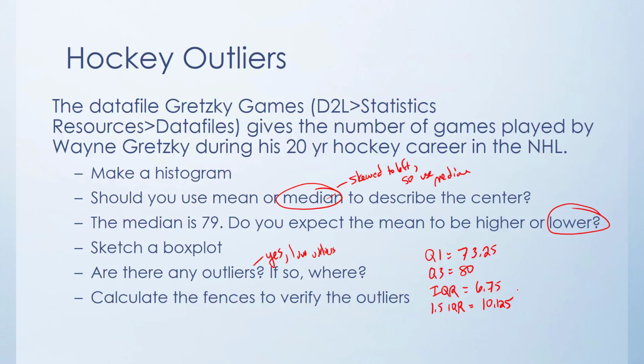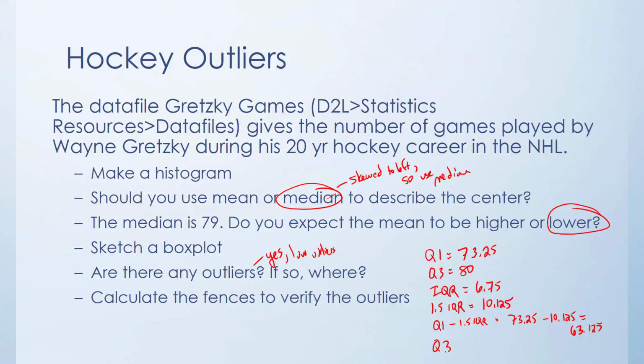And then we need to calculate our fences. So we've got Q1 minus 1.5 IQR. So that means we're looking at 73.25 minus 10.125. That's going to be 63.125. So anything below 63, and that little bit is going to be an outlier.